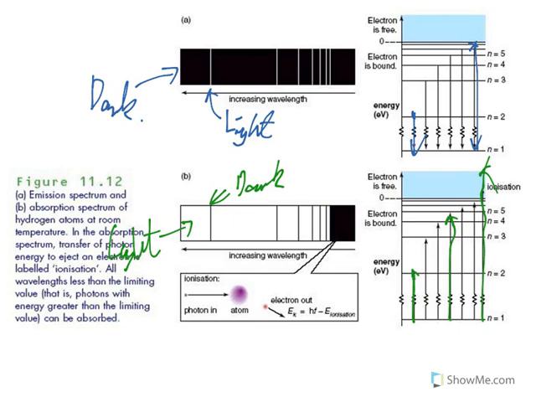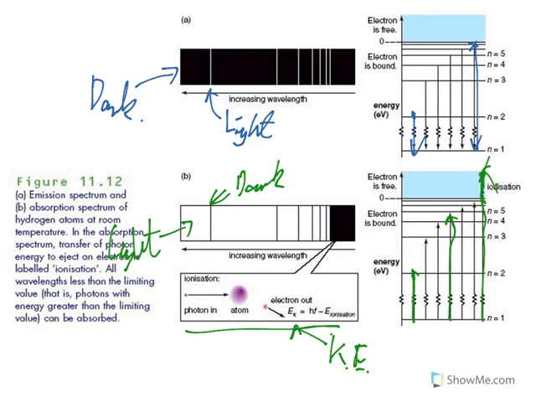And this last bit, what it says is if you give more energy, so this is for the ionisation bit on the end here, if you give more energy than is needed to remove that electron, then it will come out with some kinetic energy.